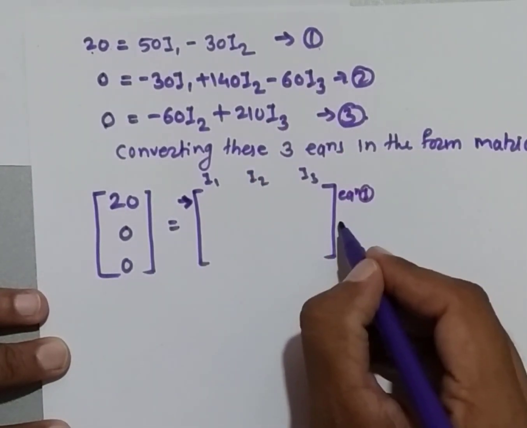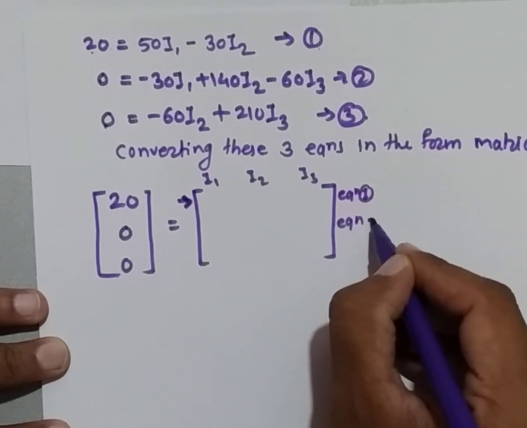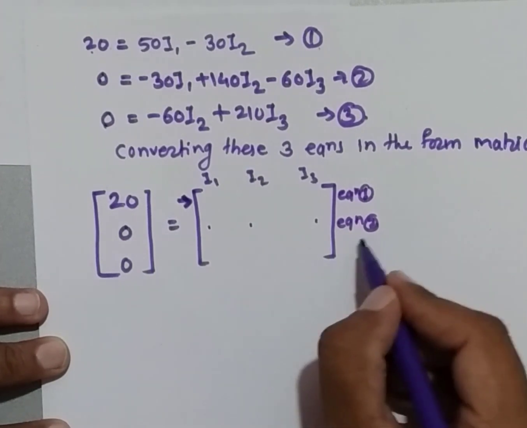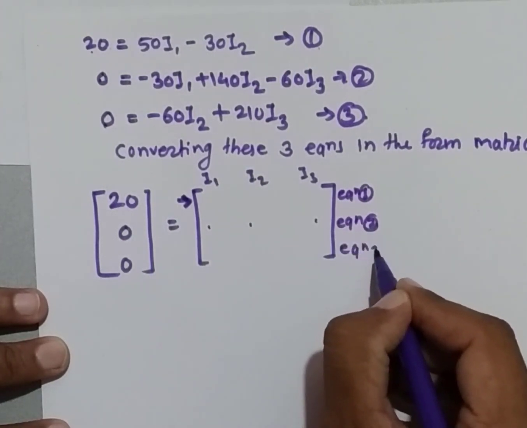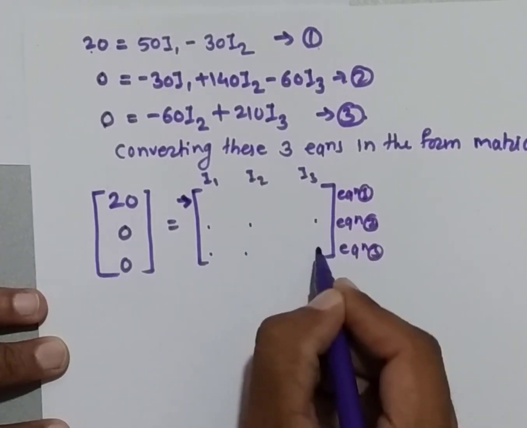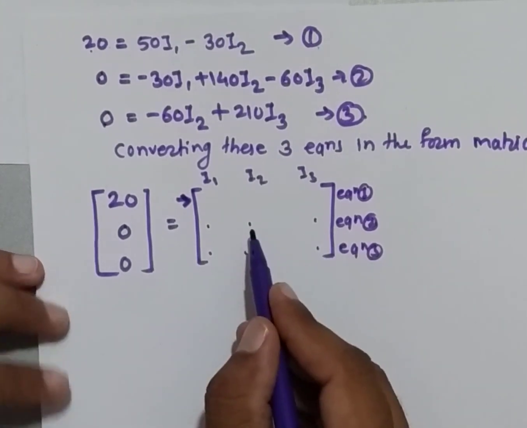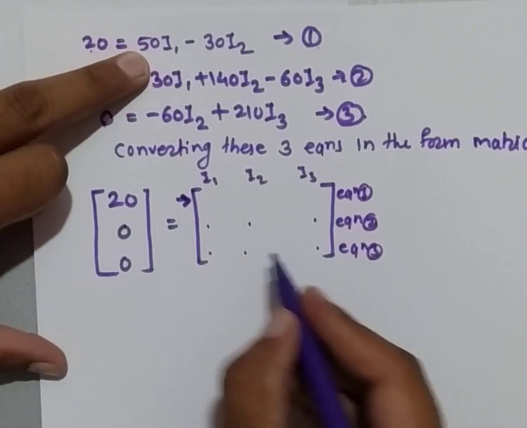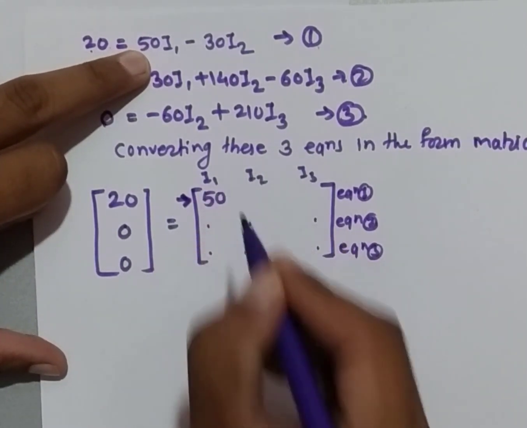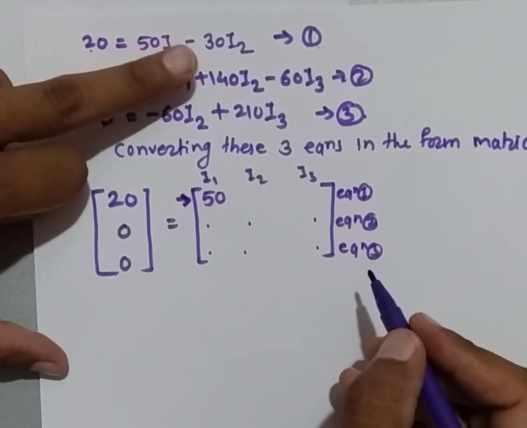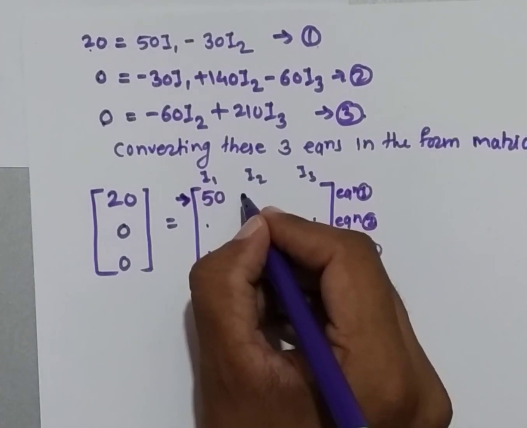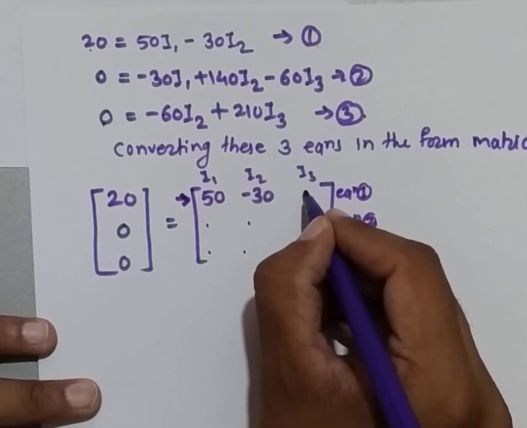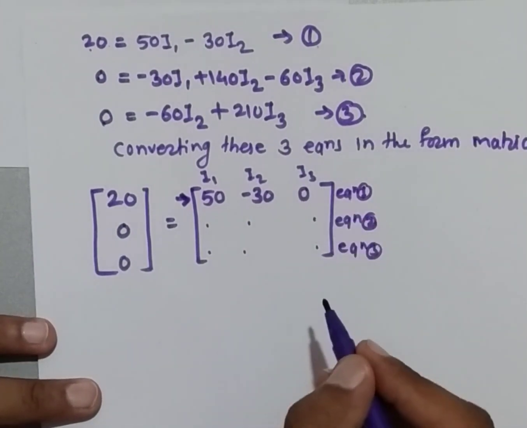Similarly, equation number 2 will be in the 2nd row, and equation number 3 will have the 3rd row. What is the value of I1 in equation number 1? It is 50. So I am going to write 50. What is the value of I2? It is minus 30. And as there is no I3 term, we are going to write it as 0.